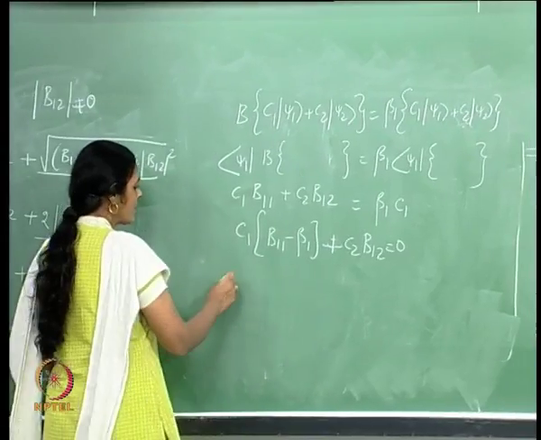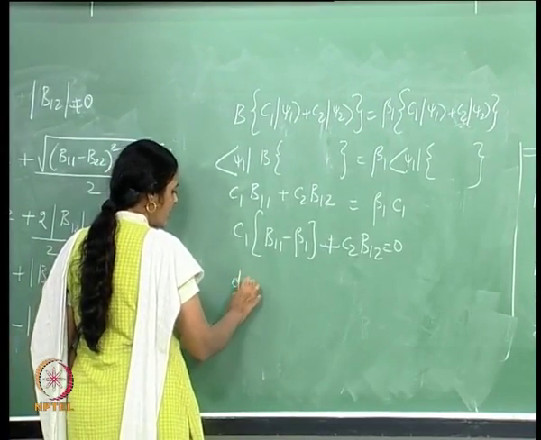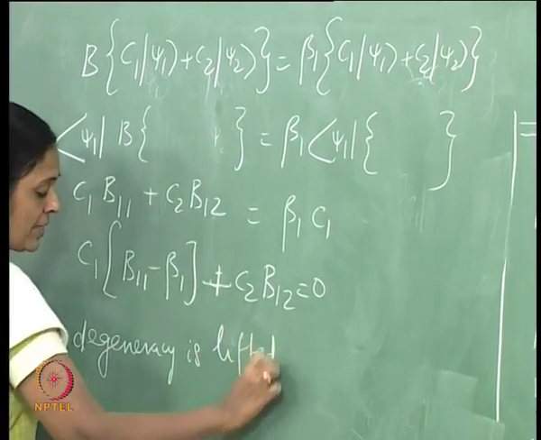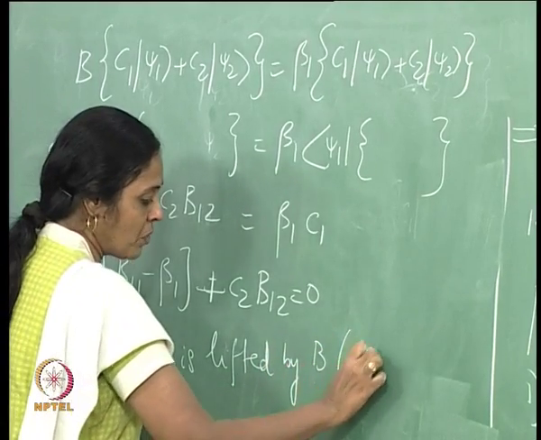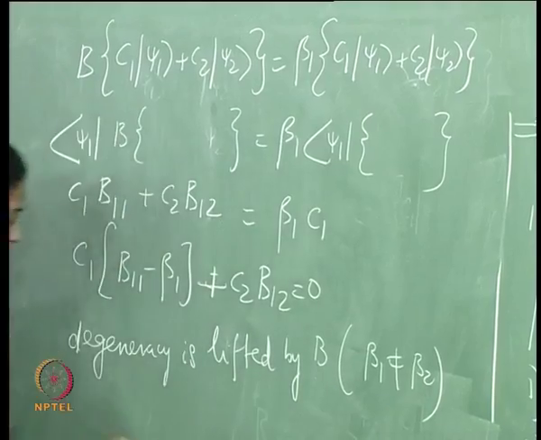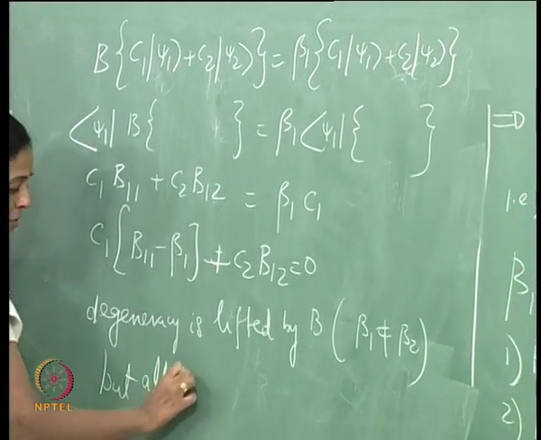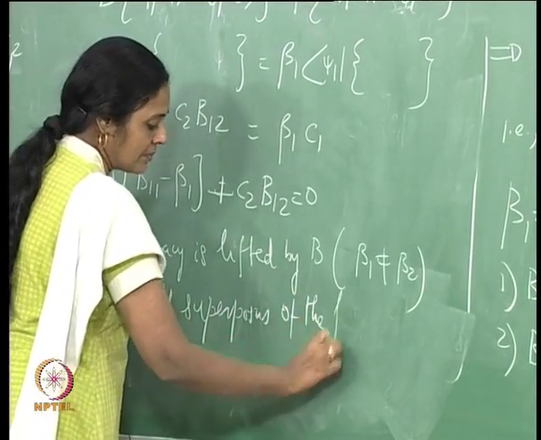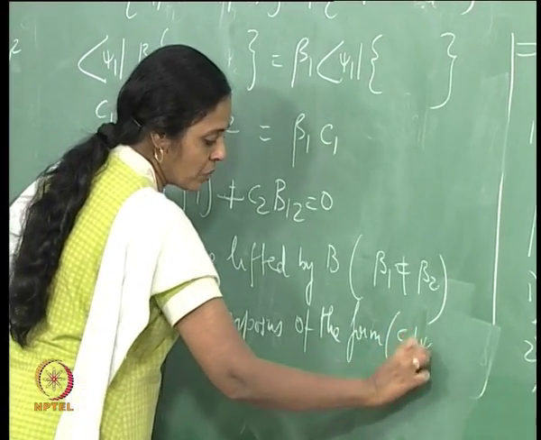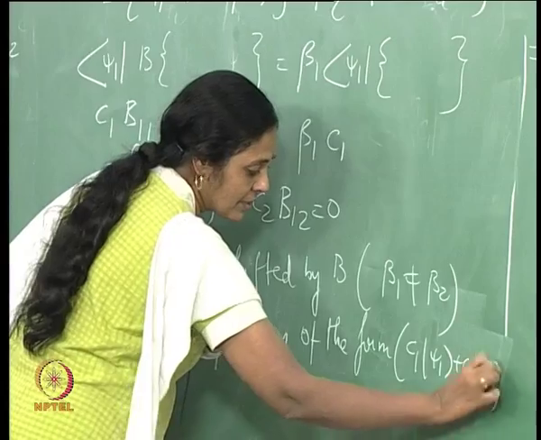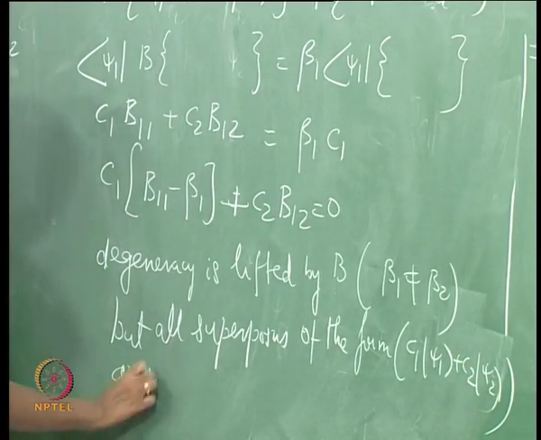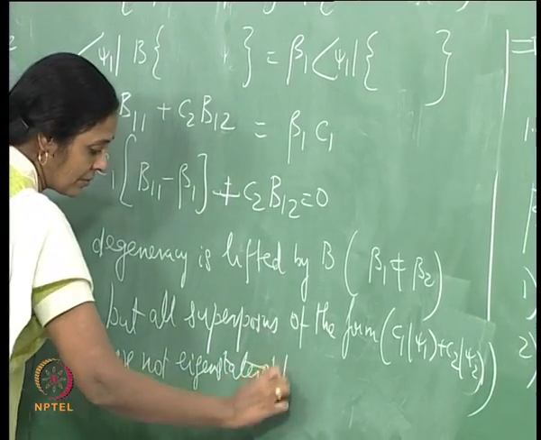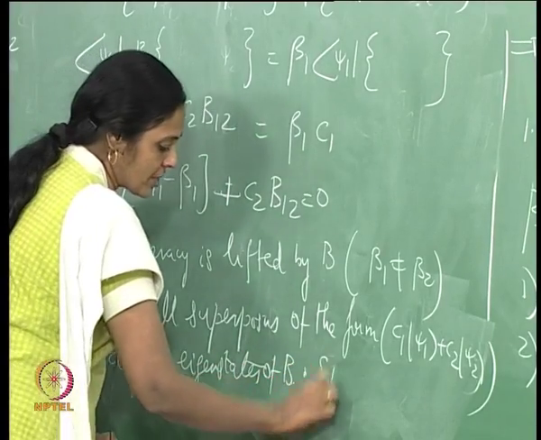In other words, this is the situation where degeneracy is lifted by B, that is beta 1 is not equal to beta 2, but all superpositions of the form C1 psi 1 plus C2 psi 2 are not eigenstates of B. Only specific superpositions are.